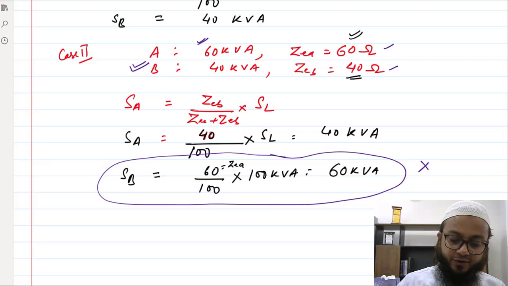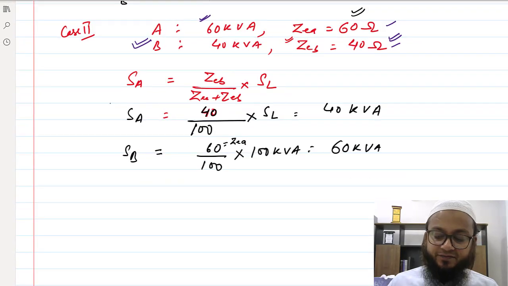The ratio of apparent power rating of the transformer and the leakage impedance should be inversely proportional. So what we have seen is that the transformer having the lower impedance will get loaded first, right? So the maximum load which these two transformers can carry will depend upon the transformer which has the lower impedance.